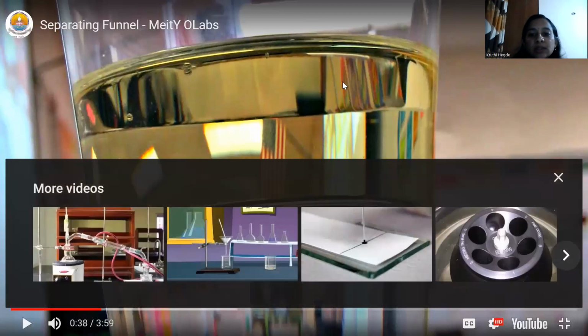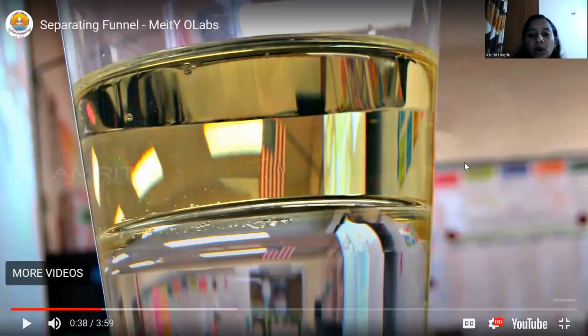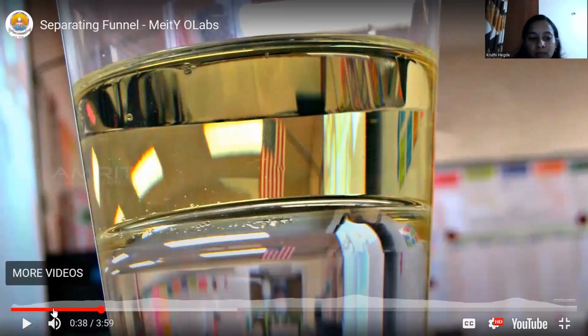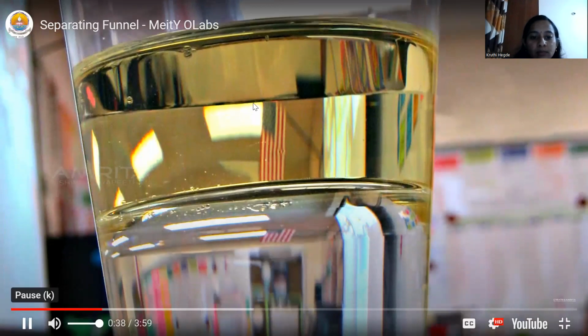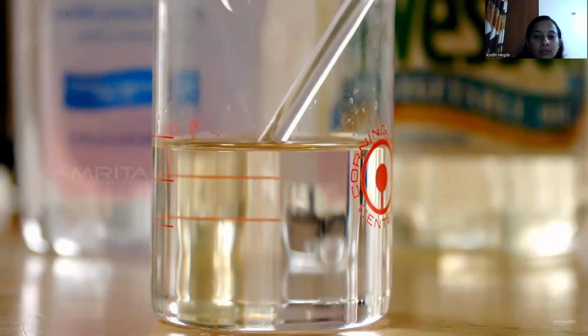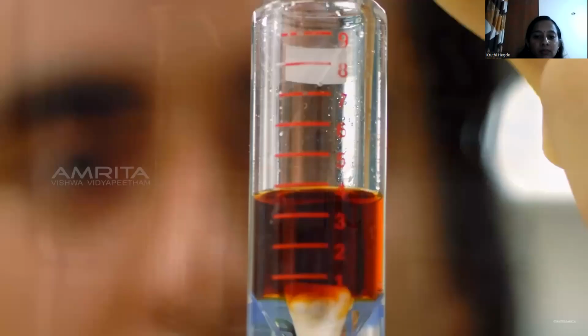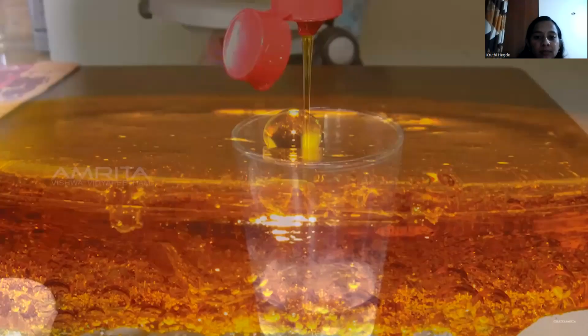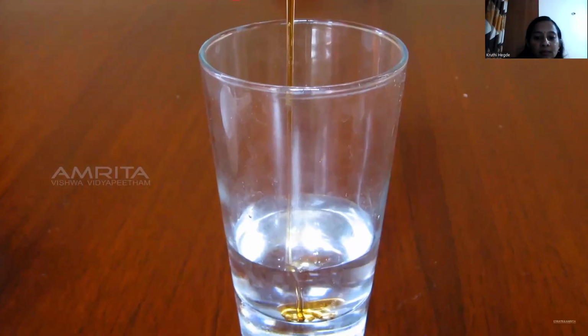Here you can see this yellow portion indicate oil and white portion indicate water. Homogeneous and heterogeneous mixtures can be separated into their components using different techniques based on the type of mixture and difference in the chemical properties of the constituents of a mixture.